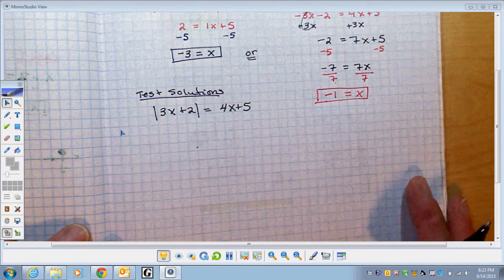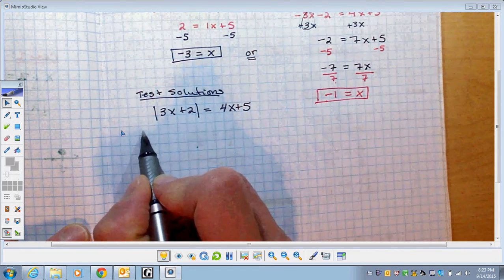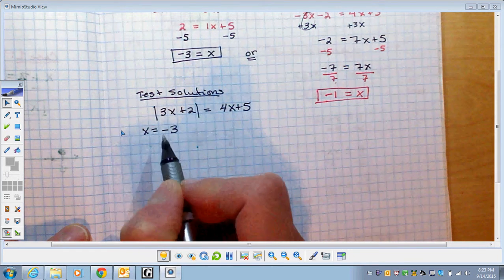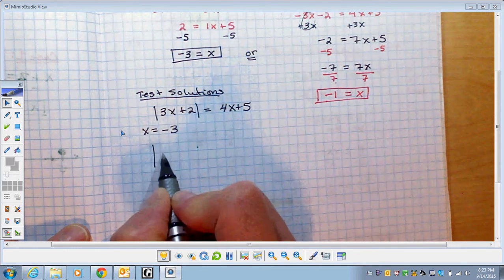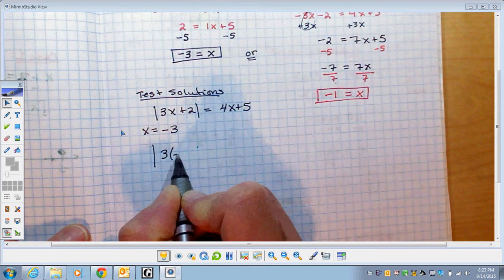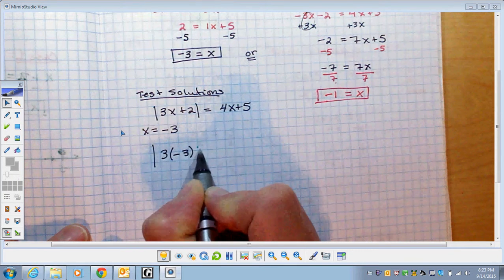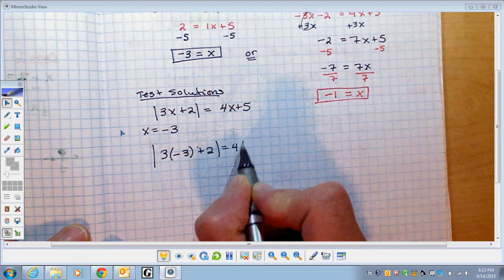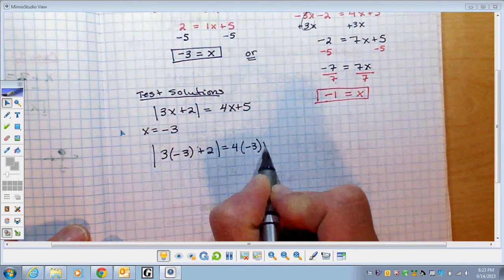So I'm going to test solutions. The first one I'm going to test is where x equals -3. So I'm going to put that into my equation. 3 times -3 plus 2, that should equal 4 times -3 plus 5.